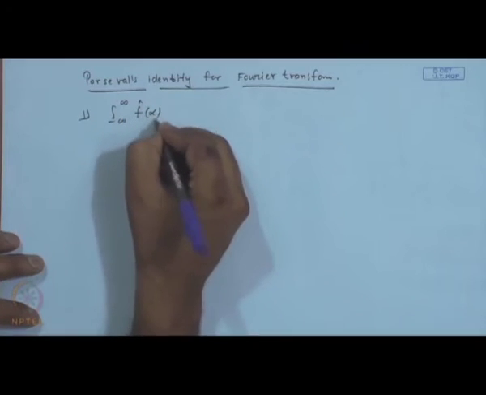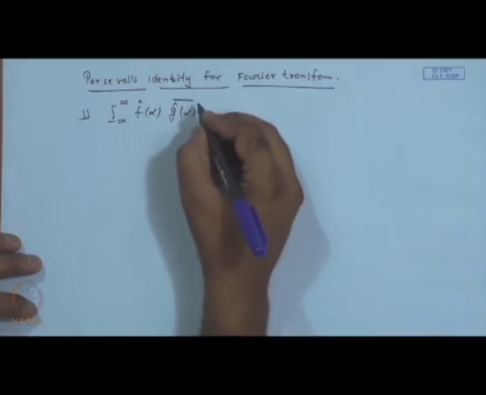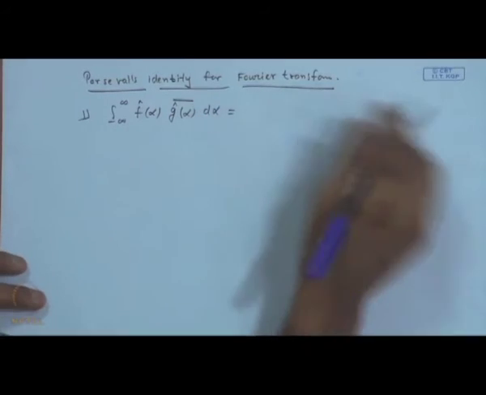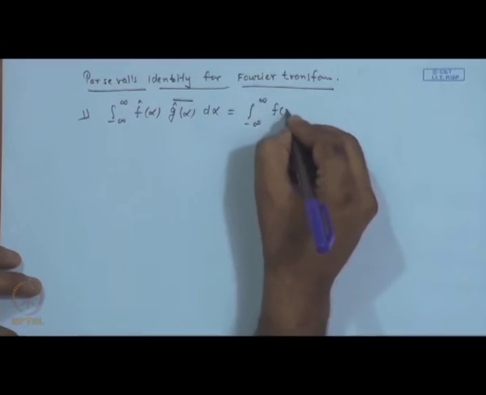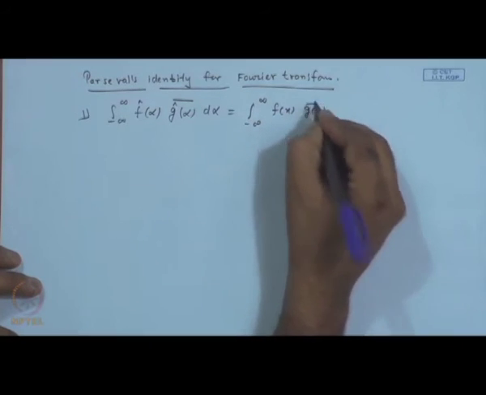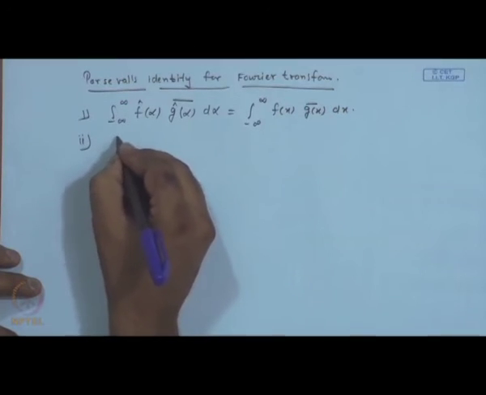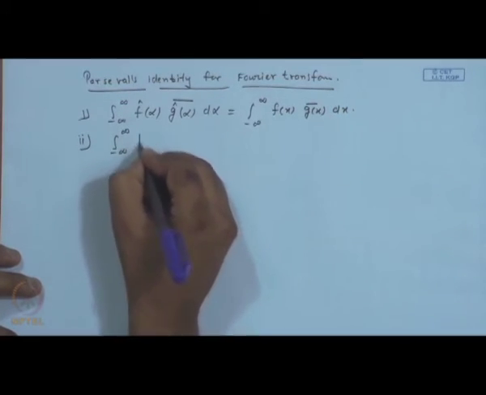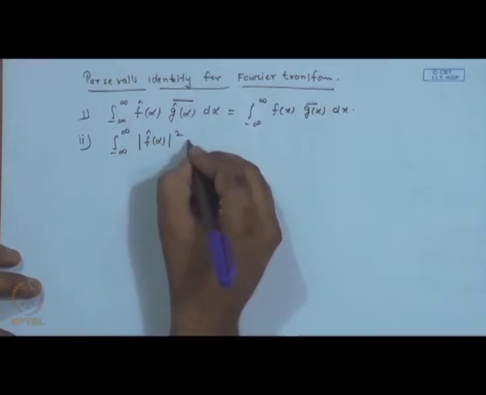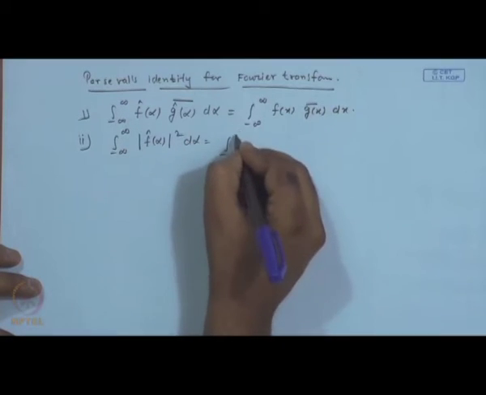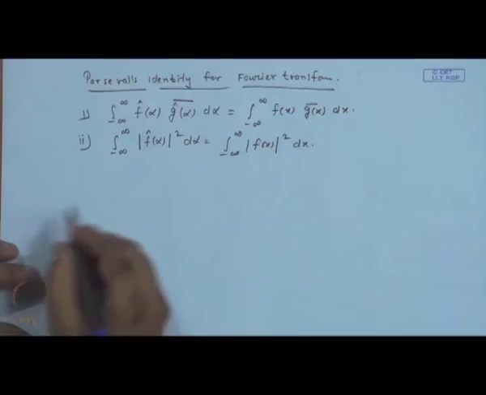So, we have f hat alpha and g hat alpha with complex conjugate. If we integrate this with respect to alpha, from minus infinity to plus infinity, it equals the integral of f(x) and g(x) complex conjugate dx. And the second identity, that's just a particular case of this: the integral of f hat alpha squared d alpha from minus infinity to plus infinity equals the integral of f(x) squared dx.